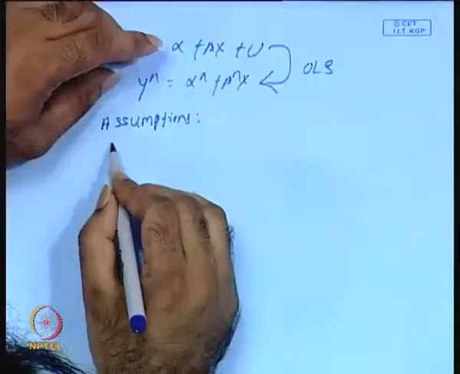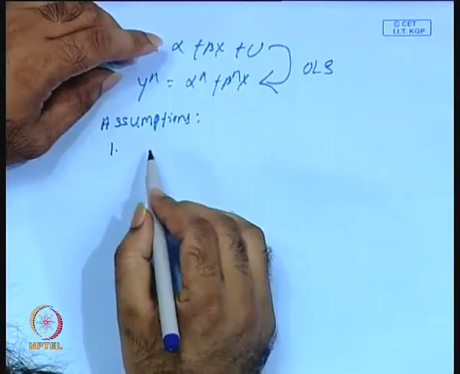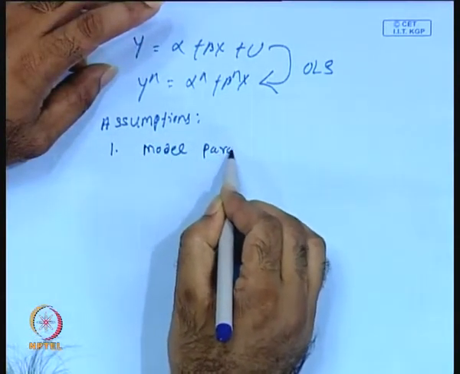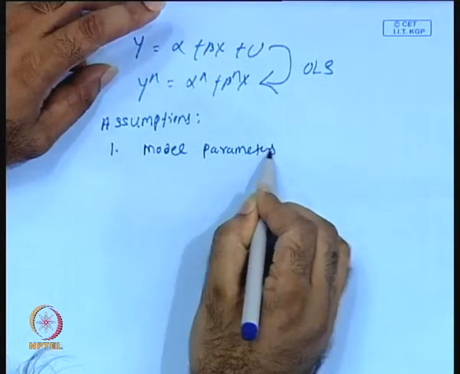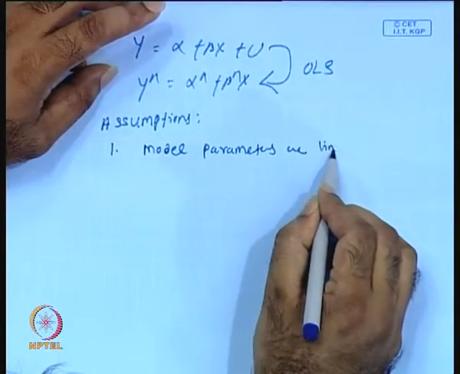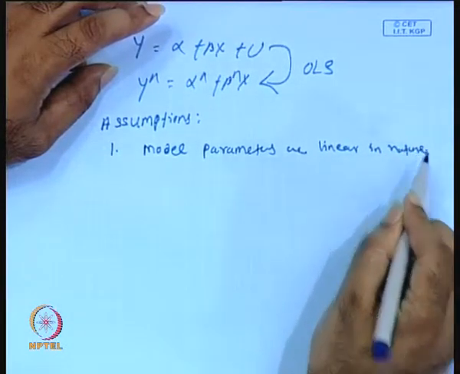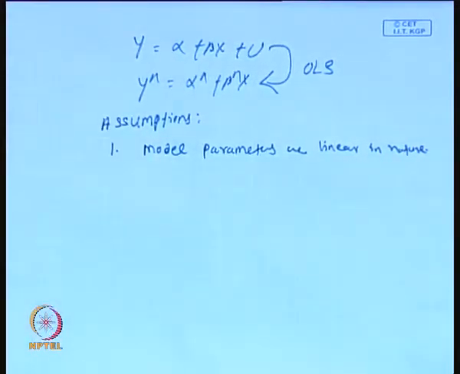So, the first assumption is that the model must be linear in parameters. Model parameters are linear in nature. Every time we are using y equal to alpha plus beta x plus u. That means this model is linear with respect to both variables and both parameters.